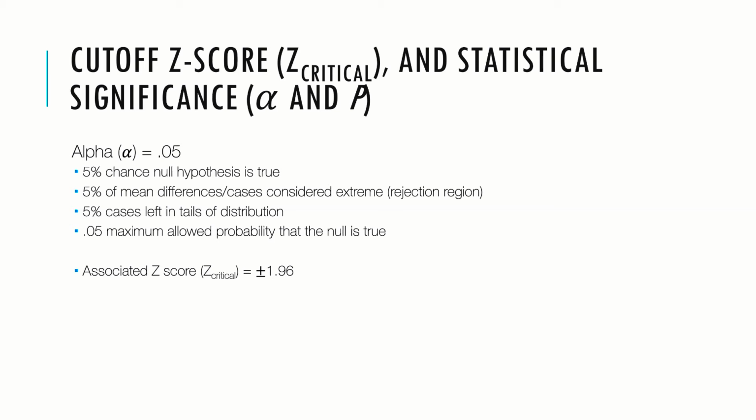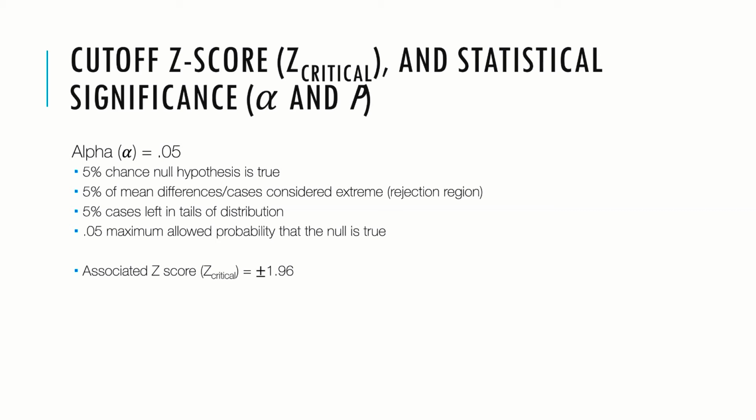So that's important for us because we're thinking about 95% confidence interval, 95% confidence level. That z-score also indicates 5% in the tails. So if we're selecting an alpha of 0.05, that means 5% in the tails, that means 95% in the center, which reminds us that our z-score associated with that is plus or minus 1.96, right?